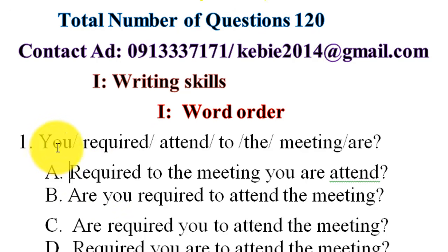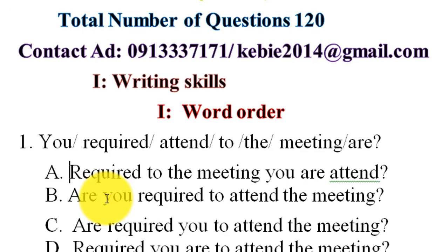For example, question number 1: you required to attend to the meeting. The question begins with an action verb, so no subject is required here, so it is wrong. It's still inappropriate order. Auxiliary before verb, subject, V3 form, to attend, an infinitive verb, the meeting, object.